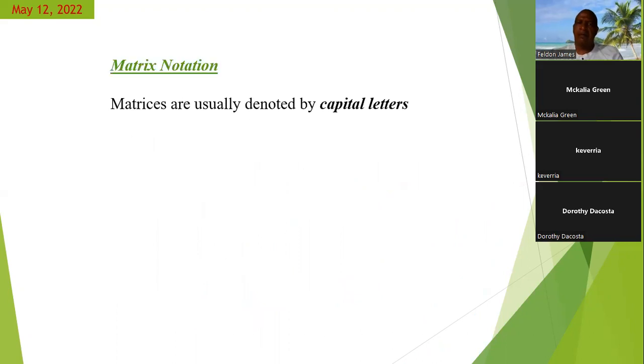Matrix notation. When we talk about notation, you should know by now that the word notation is a big word for symbol. So if you read it, matrix symbol. Matrices are usually denoted by capital letters. So we use a capital letter to denote the matrix, or in other words, to label or to name the matrix.